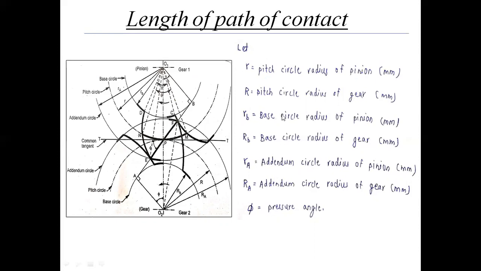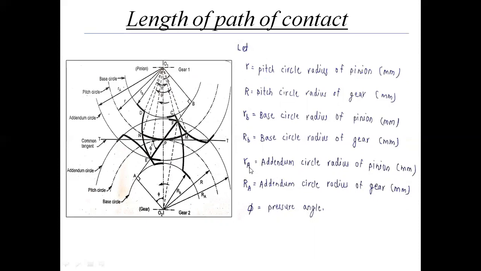rb is the base circle radius of the pinion, and capital R suffix b is the base circle radius of the gear.